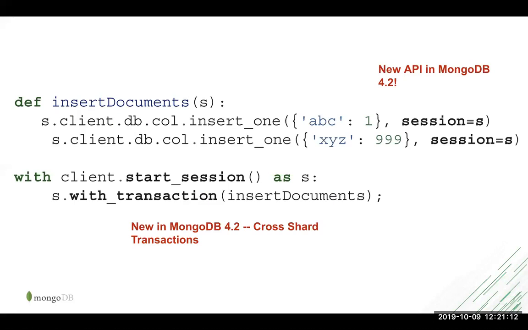Here's what it looks like. We've introduced this new command called withTransaction. It automatically does that retry logic for you in line with MongoDB's best practices. So if you're using withTransaction, you don't need to listen for the unknown commit result or transient transaction error labels. We do that for you.